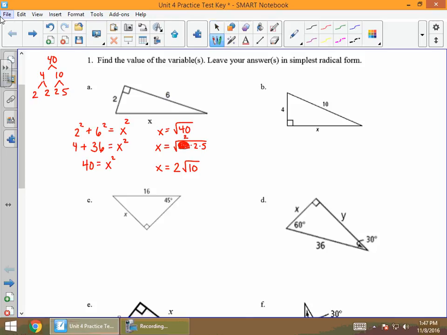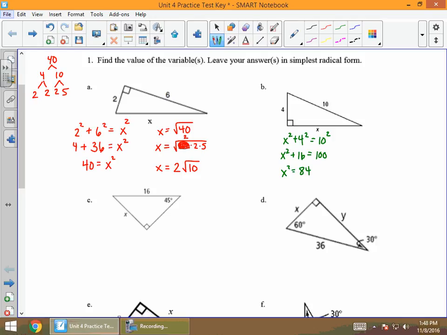Jumping ahead to letter B, again, I know 2 sides. This is Pythagorean theorem. So legs squared, so x squared plus 4 squared has to equal 10 squared. That is x squared plus 16 is equal to 100. Subtract 16 on both sides, so x squared is equal to 84.